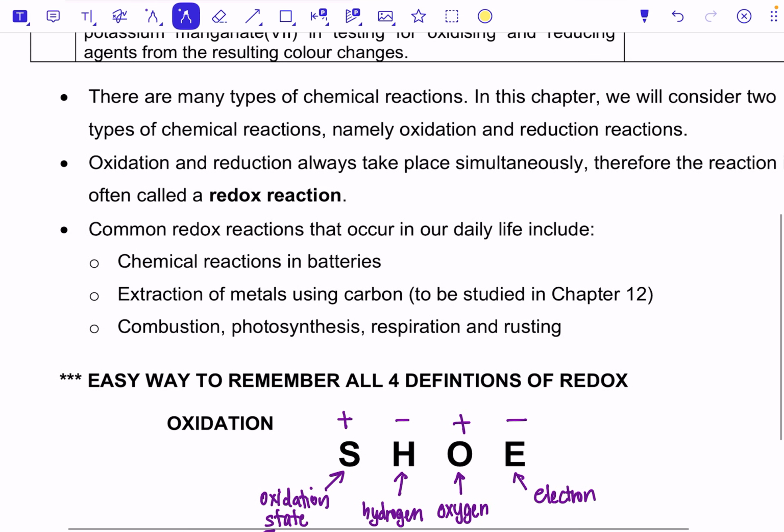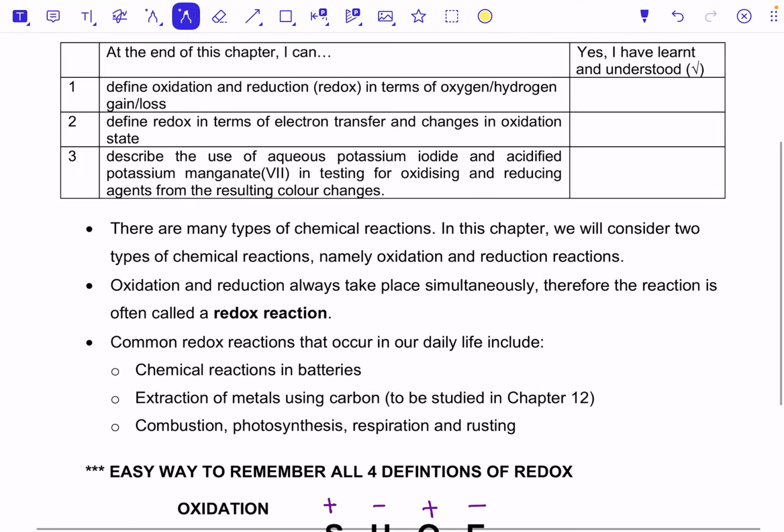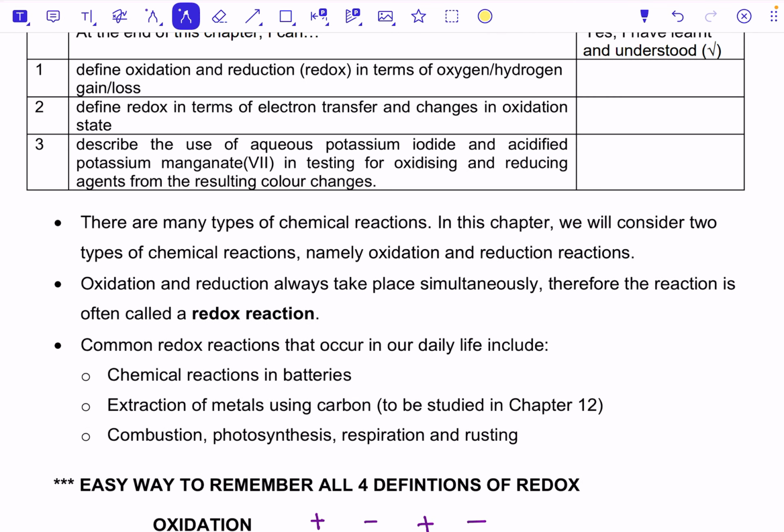So I go back to my notes on top. Like I said, there are many chemical reactions. Our main focus for this chapter is that we will consider whether they are oxidation and reduction reactions. Now, oxidation and reduction reactions always occur together. Cannot be separate, they always occur together. So sometimes if I'm lazy, in fact, I'm lazy most of the time, I will not call it oxidation and reduction. So many syllables, 8 syllables. I'll just call it redox.